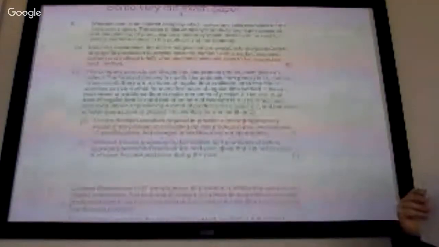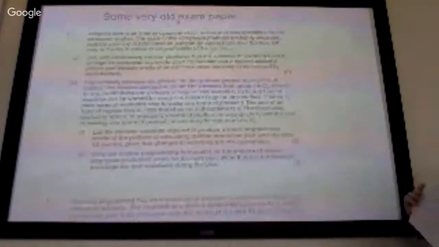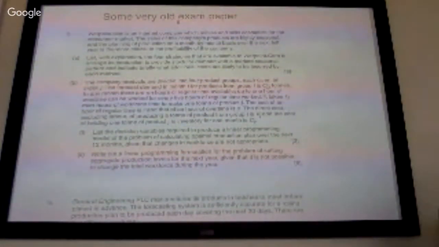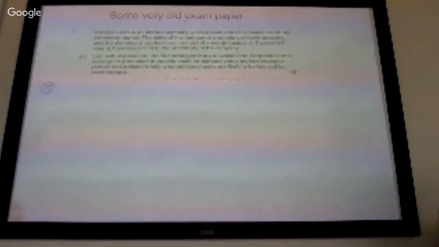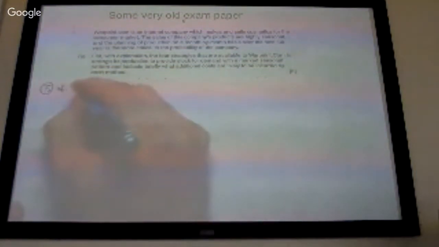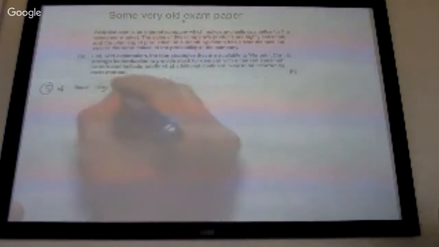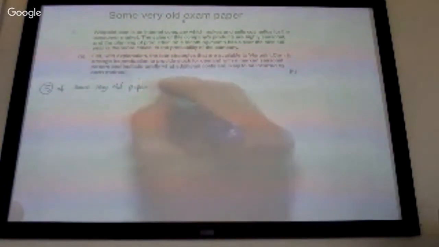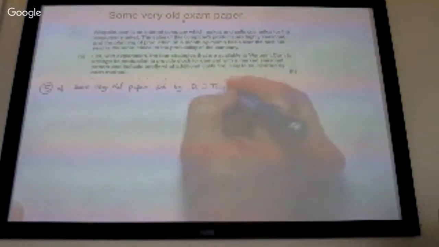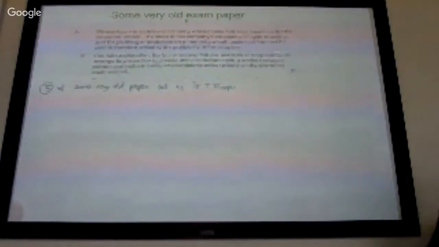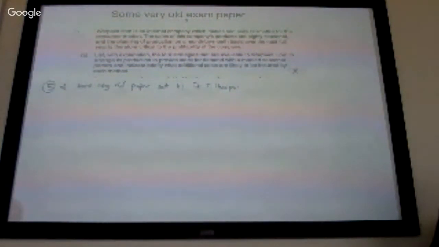Now, I just very quickly want to have a look at somebody else's paper. Incidentally, this is also question 5. It was before I was born, or at least before I joined this university, so it was set by somebody else.